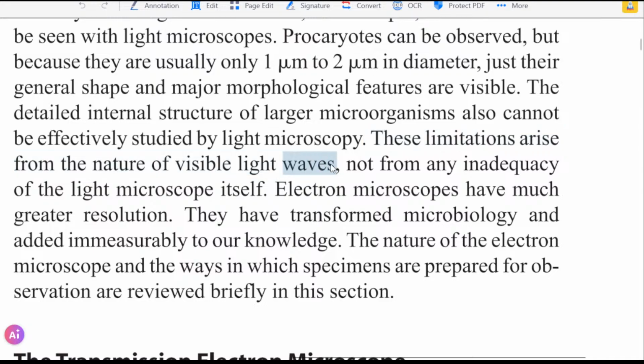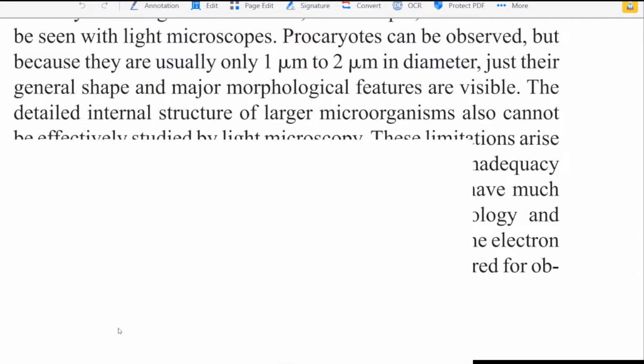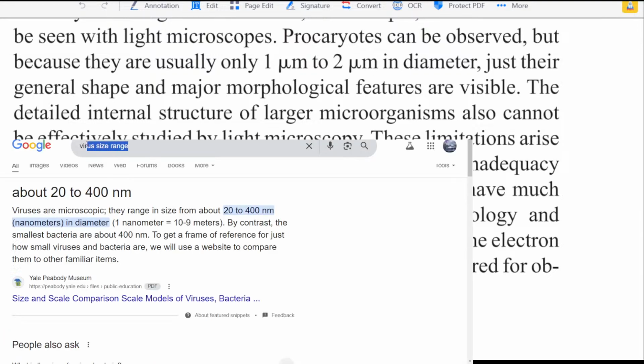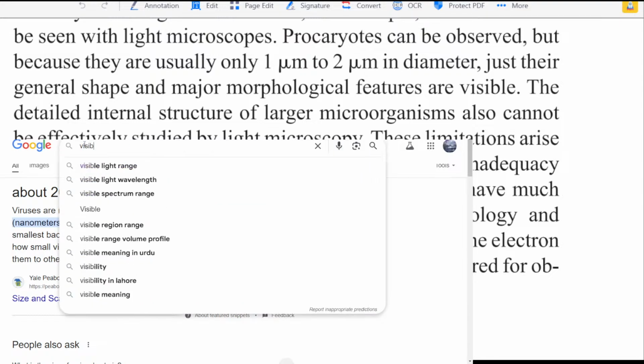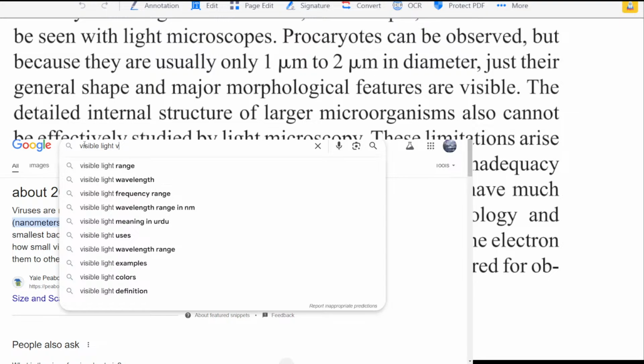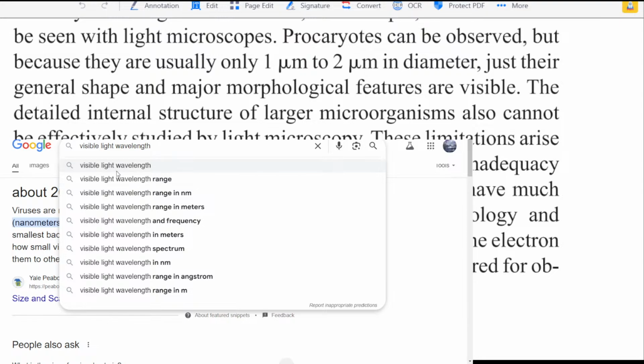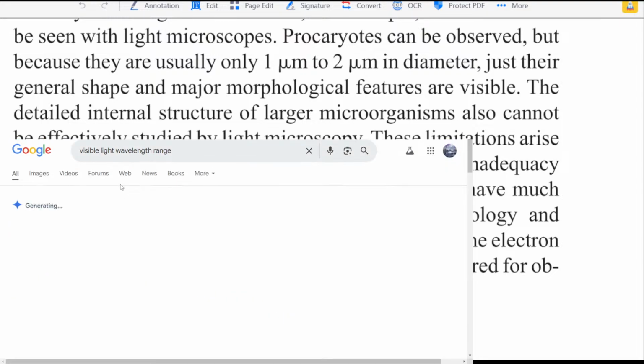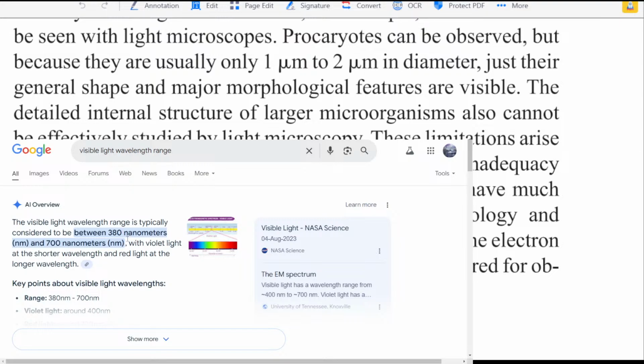The smaller the wavelength is, the higher the resolution will be, but the visible light wavelength ranges between 380 nanometers and 700 nanometers.